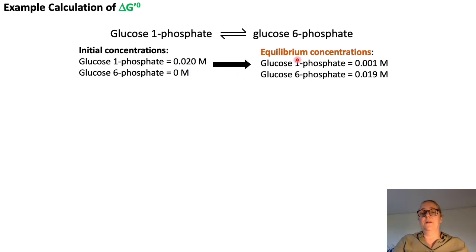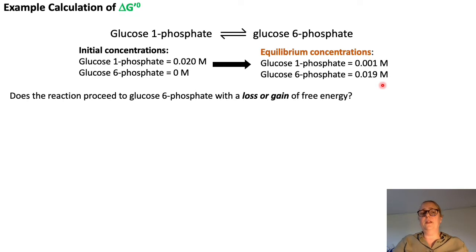The equilibrium concentrations that we observe are glucose 1-phosphate at 0.001 molar, whilst glucose 6-phosphate is 0.019 molar. So does the reaction proceed to glucose 6-phosphate with a loss or a gain of free energy?